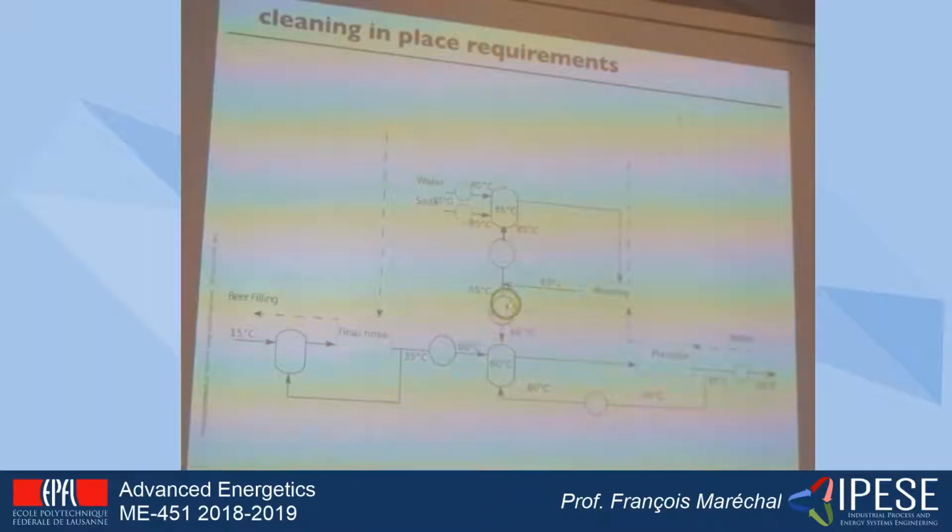So the one here is going from 65 to 60, this one is going from 35 to 60, and the water that is at 40 after the pre-rinse, that has been cooled down in the pre-rinse, will be heated back to 60 so that I have the temperature that is needed for doing the pre-rinse. And then there is an additional option which is appearing here, is that the water that has entered the system has to leave the system.